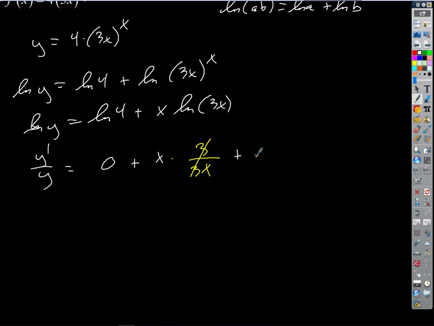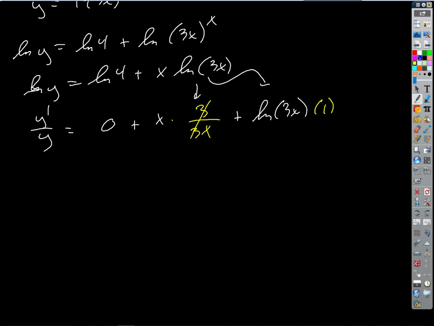Plus, the other part of that product rule, because we got two terms in the product rule, would be log 3x times the derivative of x, which is 1, right? So what's that give us then? Y prime over y equals x divided by x is 1 plus natural log 3x.